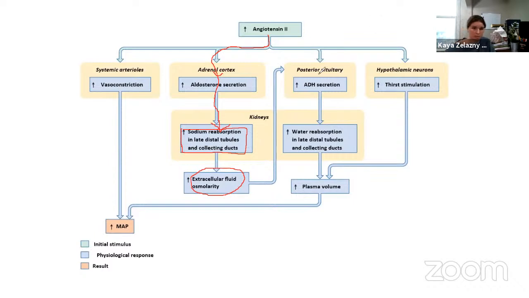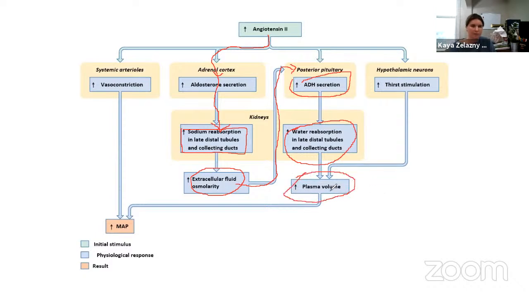It doesn't want salty blood. So by activating aldosterone, ultimately, we're activating our posterior pituitary to secrete ADH, which increases water reabsorption in the distal tubules and collecting ducts because it's inserting those aquaporin 2 molecules in the apical membrane, which ultimately means we're increasing plasma volume.